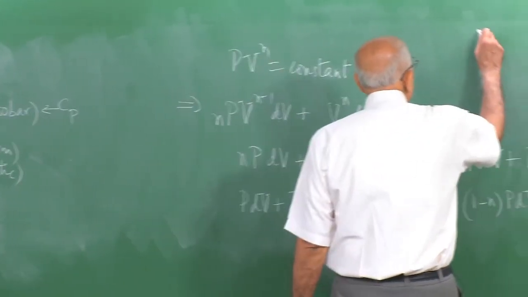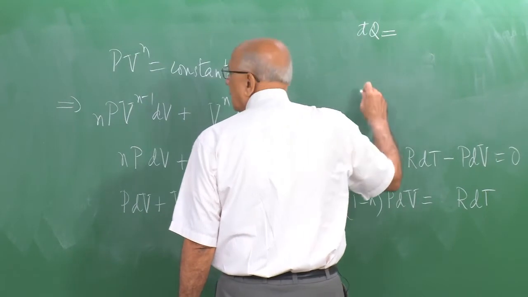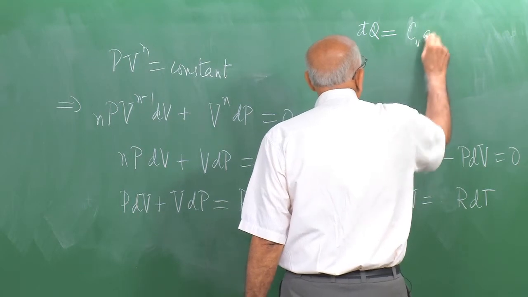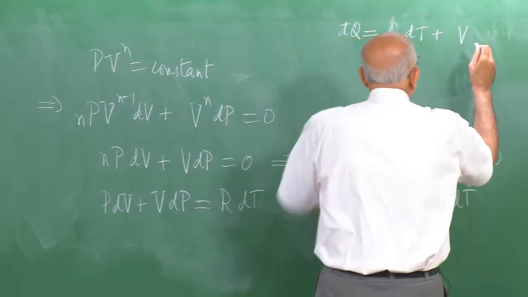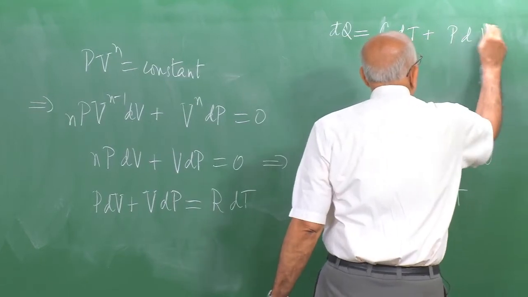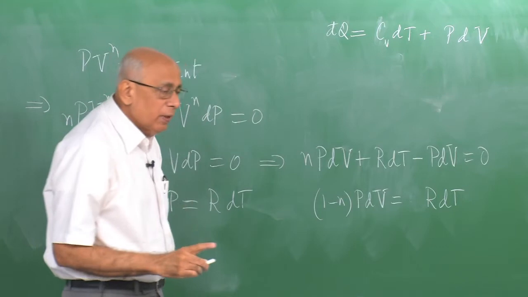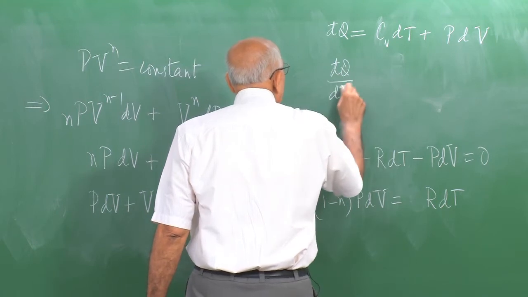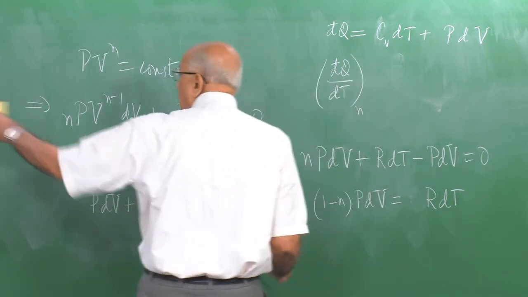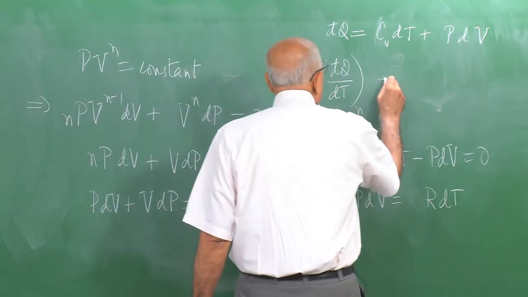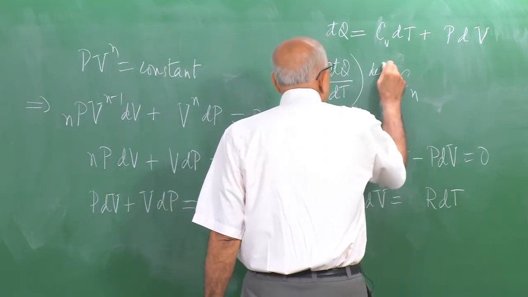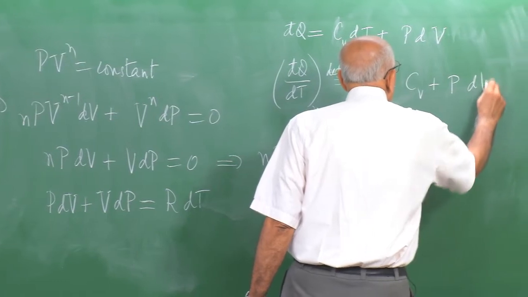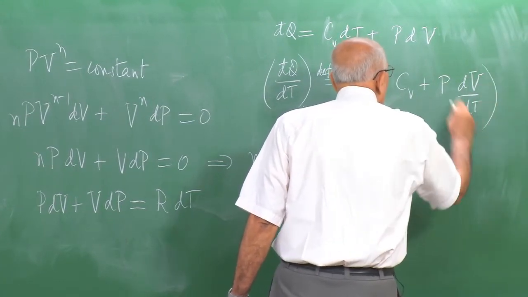The laws of thermodynamics tell us that dq is equal to, I do not even need to use the second law, this is equal to dU, which is Cv dT plus P dV. Therefore, the specific heat for a given value of n, which I will denote as C sub n, for a given polytropic process, PV to the n is constant, is equal to Cn by definition equal to Cv plus P dV over dT for this process.